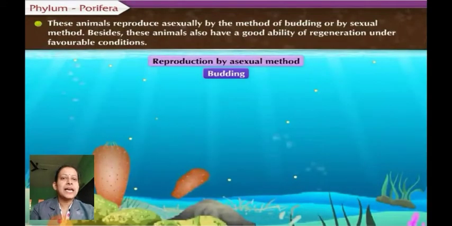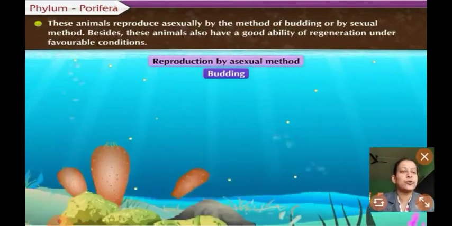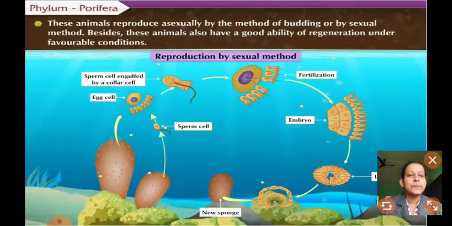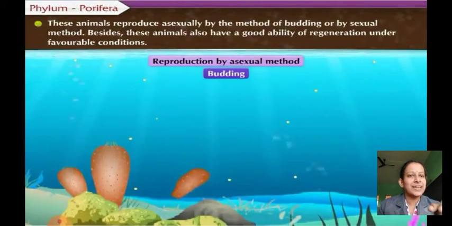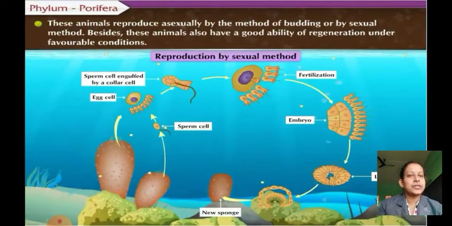Then, when we are talking about reproduction in these animals, they have either sexual or asexual reproduction. In asexual reproduction, they have two types: one is budding and the second one is regeneration. Budding means, as you have learned in the second lesson, formation of a bud.